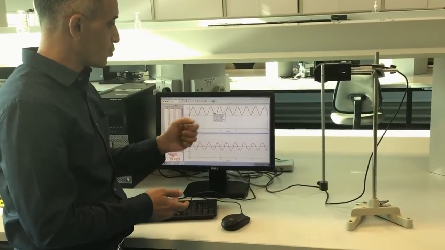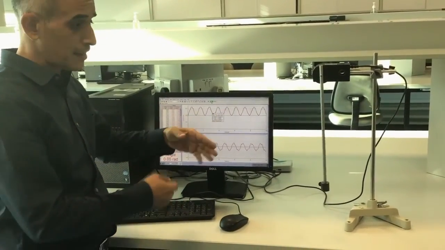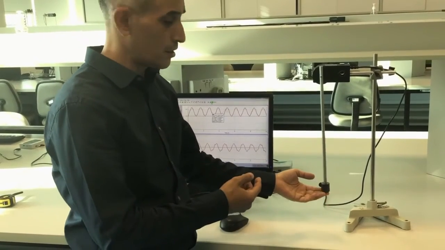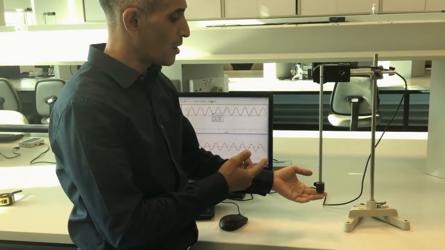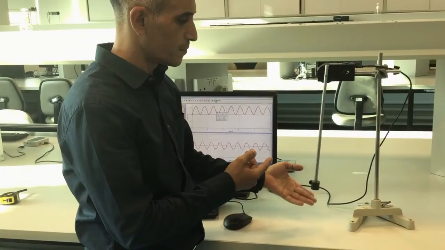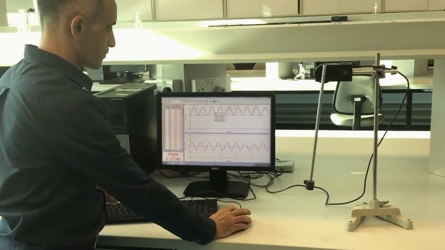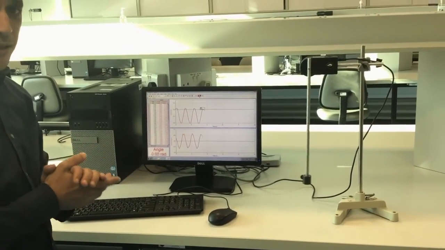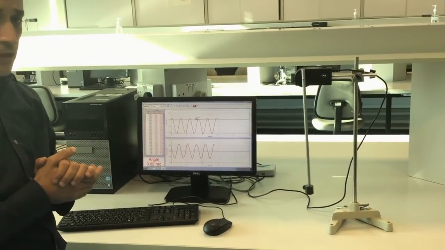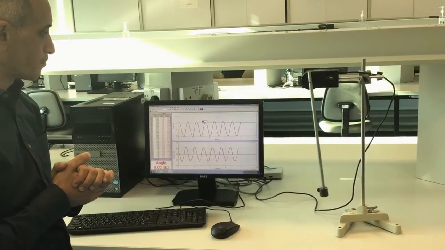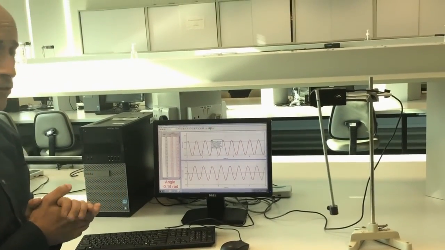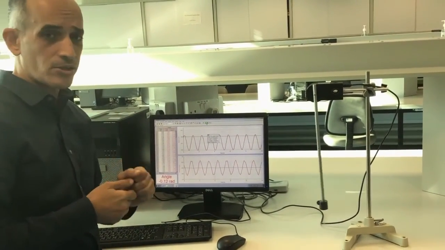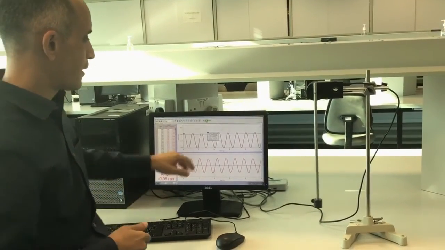Now I'm going to write the value of omega and then repeat the same experiment for the same length with a little bit larger angle, like this. Don't forget to write down the value of omega every time you repeat. You can also store the latest run all the time so that you have the data handy.